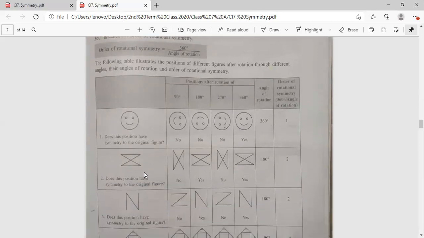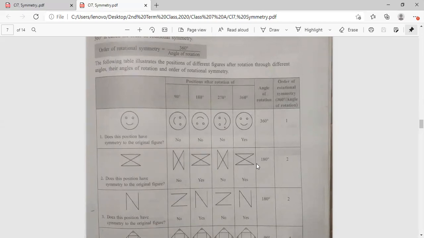Now let's go to the next figure. Now this one. See, it rotated 90 degree. You can draw this figure on a piece of paper and rotate the paper 90 degree. You'll find this. At 180 it will be this. 270 and 360, again the original position. Now here, first it looks the same at 180 degree, isn't it?